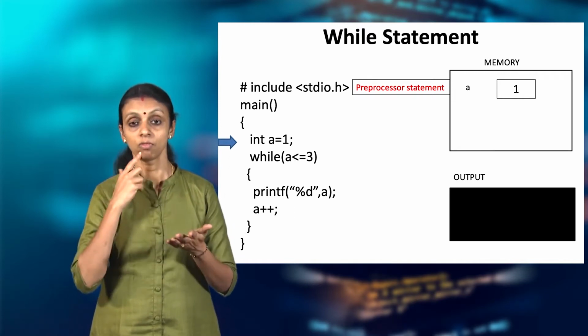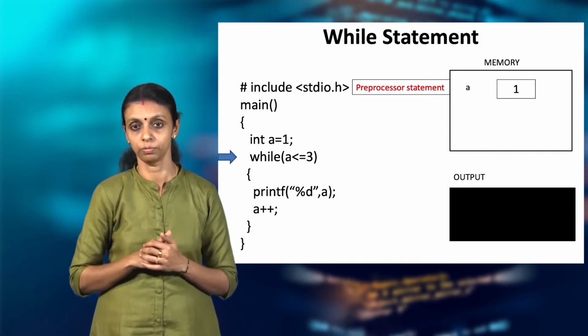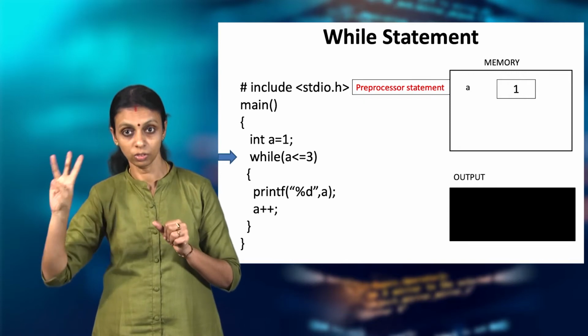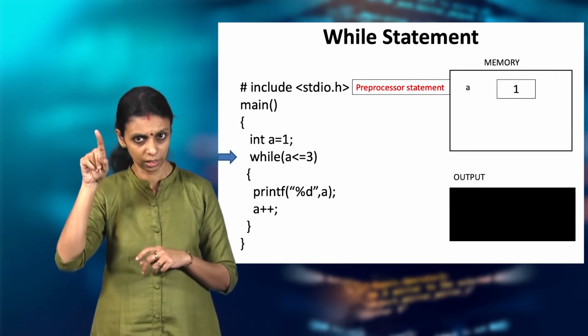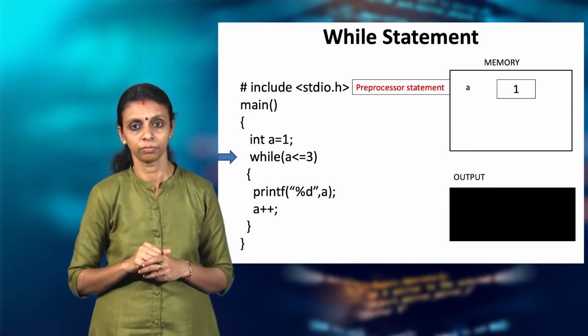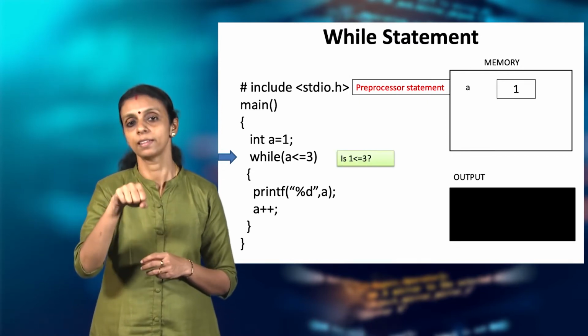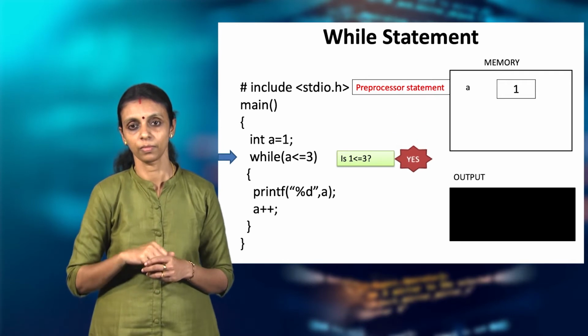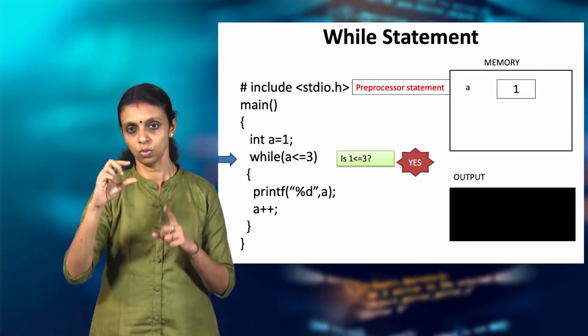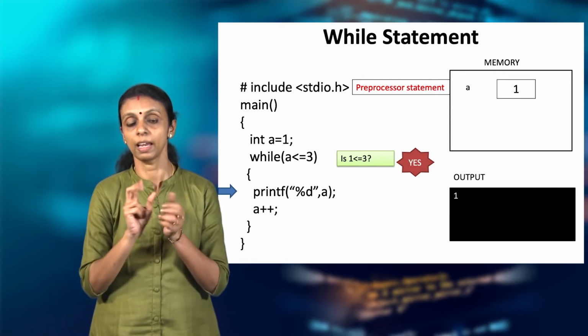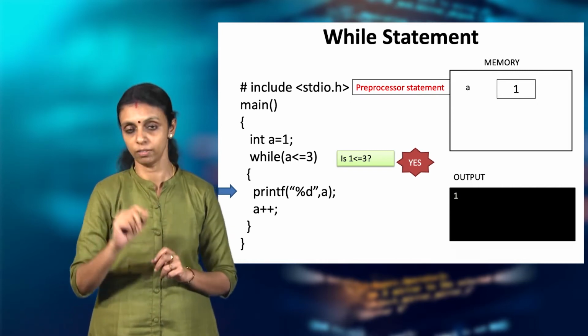Next is while loop. There is a condition a less than or equal to 3. Is this condition correct? 1 less than or equal to 3? Yes. So, it enters the loop, prints value of a, that is 1.